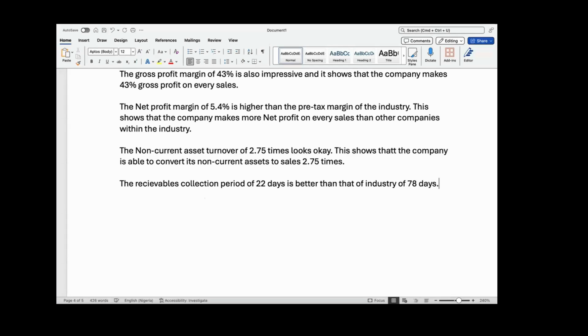Of 78 days. This shows that the company is able to recover its money from customers earlier than most companies within the industry.